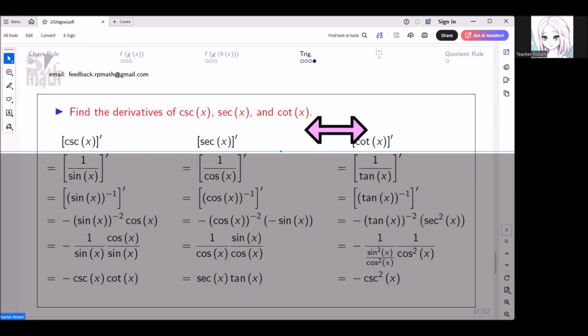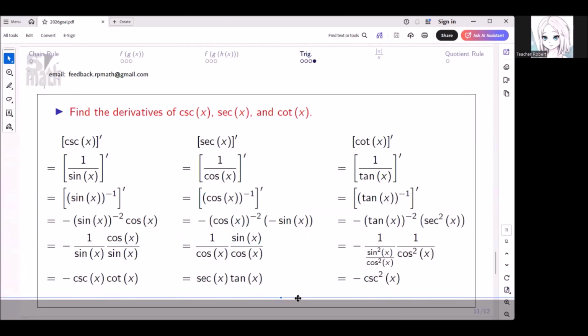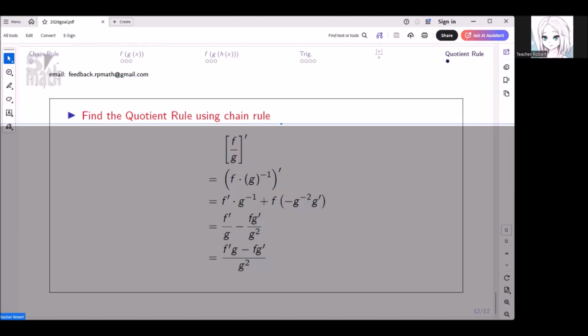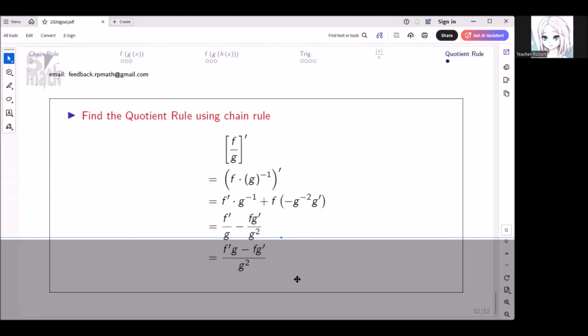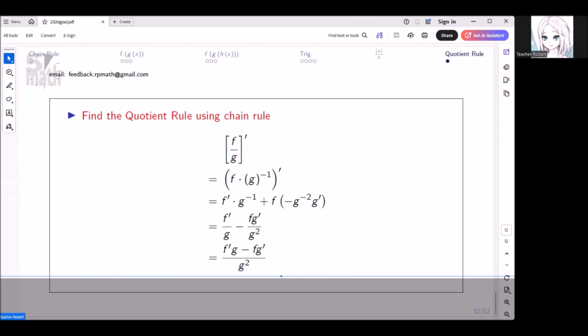First we have this, and then we have that. Find the quotient rule using chain rule. First we have this, and then we have that.